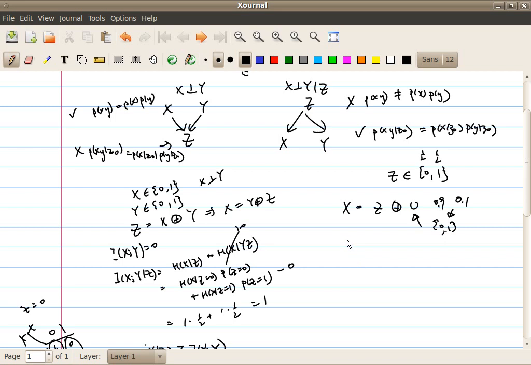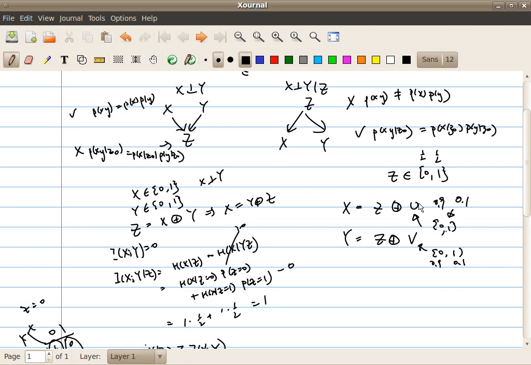And similarly, let's say Y is equal to Z plus V, and again V has the same distribution as U, taking 0 with probability 0.9 and 1 with probability 0.1.